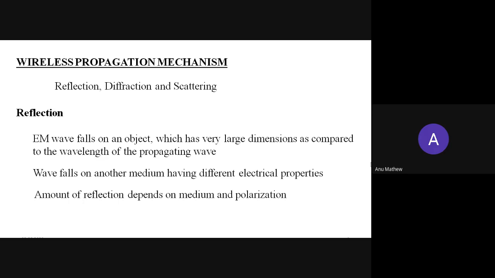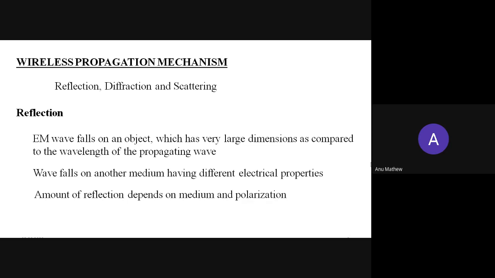So first, what are the different mechanisms for these different propagation paths, which is why the signals are not transmitted in a line of sight path? The main propagation mechanisms are reflection, diffraction and scattering.